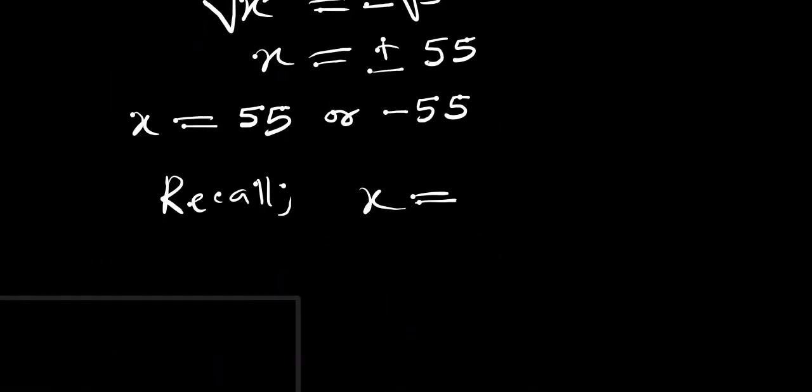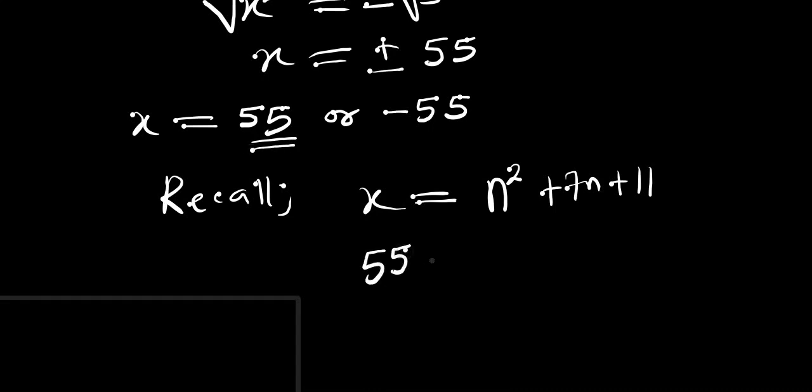So we copy down here. We have x equals n squared plus 7n plus 11. And when x equals 55, we are going to have 55 equals n squared plus 7n plus 11. Let's move this over.